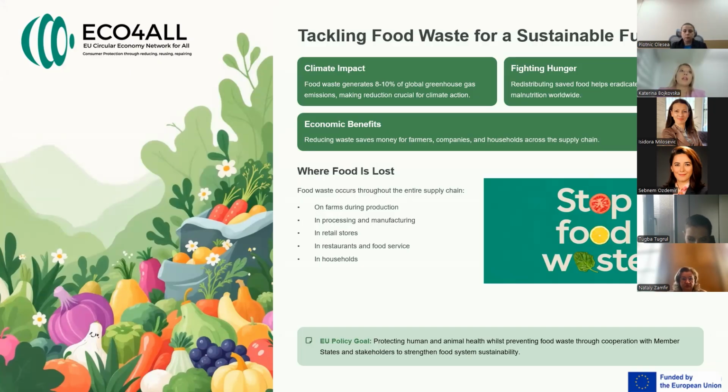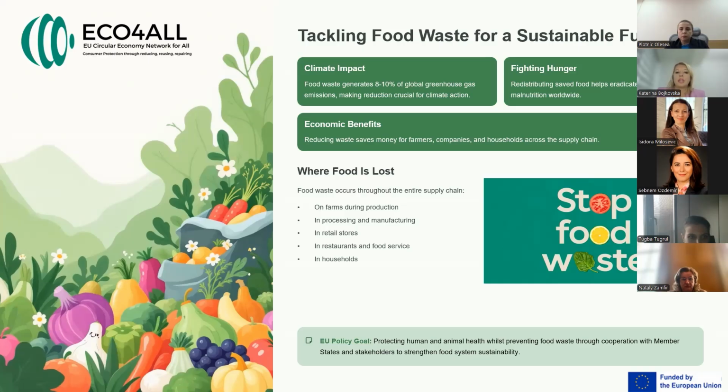Saving food and redistributing it to those who need it helps alleviate hunger and malnutrition, saving money for farmers, companies, and households. Food is lost or wasted throughout the full supply chain: on farms, in processing and manufacturing, in stores, in restaurants, and also in homes.